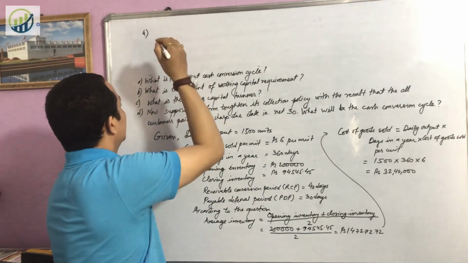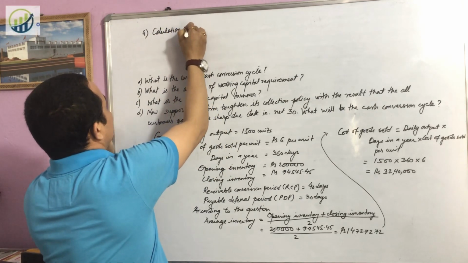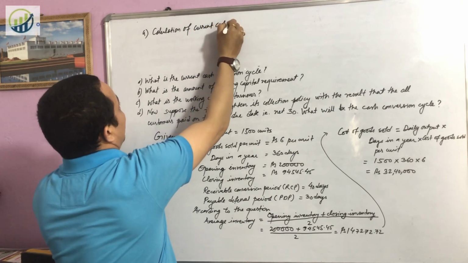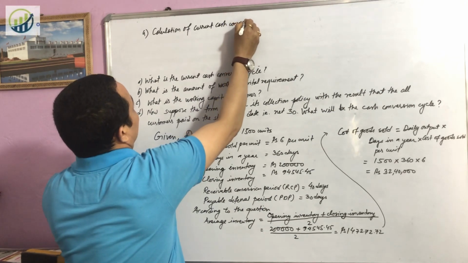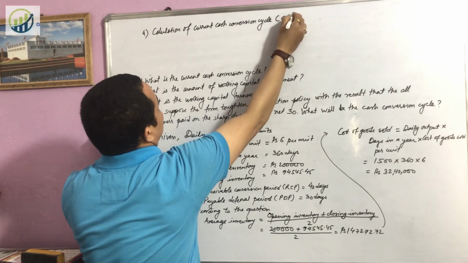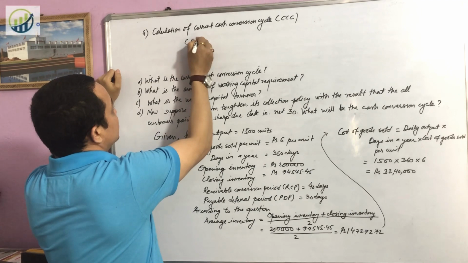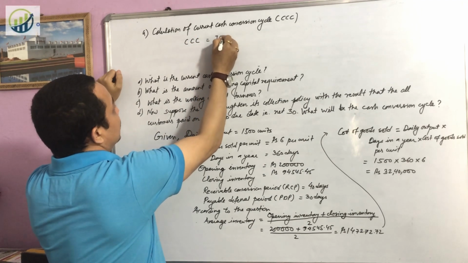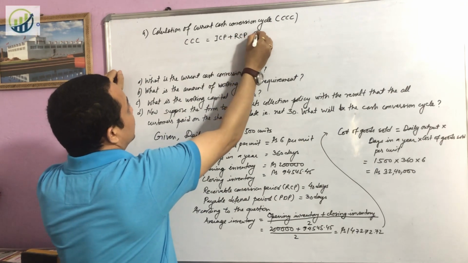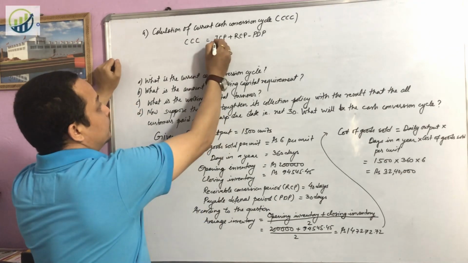A is your calculation of current cash conversion cycle. Shortly you can write CCC. So here cash conversion cycle CCC equals inventory conversion period plus receivable conversion period minus payable deferral period. Okay, so here you have to find the inventory conversion period.